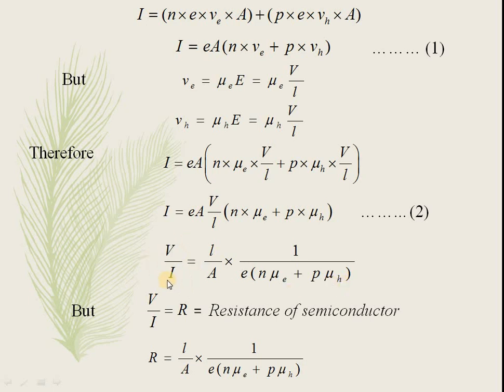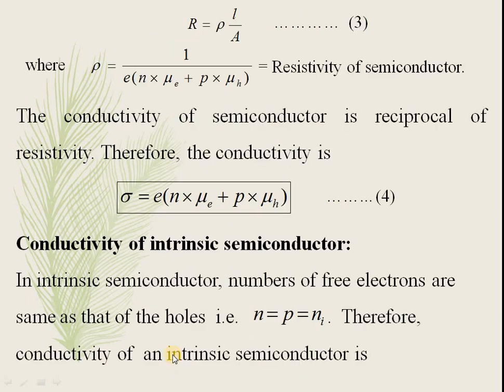According to Ohm's law, the ratio of voltage and current is nothing but the resistance of the semiconductor. So V upon I, we take it as R, the resistance of the semiconductor. So R is equal to L upon A into 1 upon e into (n mu_e plus p mu_h), or we can write this equation as R is equal to rho into L upon A. We call this equation number 3.